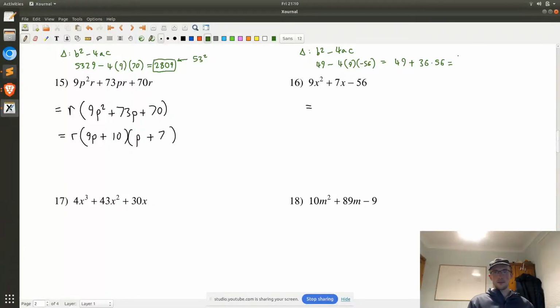Let's see. So I don't think factorization exists, because that's not a perfect square.